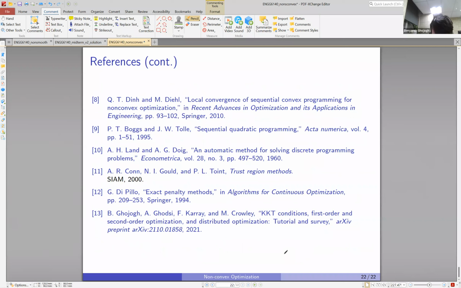Okay, and this is local convergence of sequential convex programming for non-convex optimization in 2010. So it talks about the convergence of SCP, or sequential convex programming. And do you remember I said sequential convex programming is closely related to sequential quadratic programming, and that was proposed in 1995.